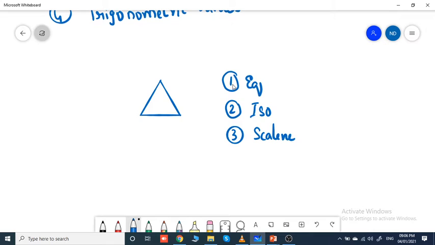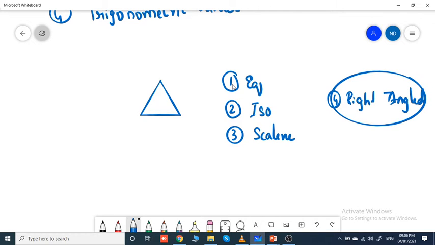After this we have one more triangle, that is the right angled triangle. In trigonometry we are going to use only the right angle triangle, and we will solve different types of equations and problems in this chapter.